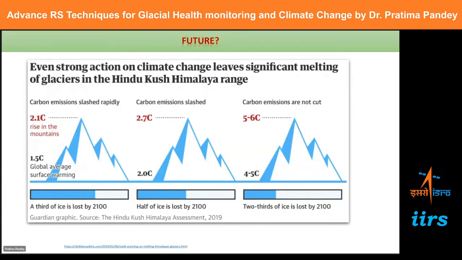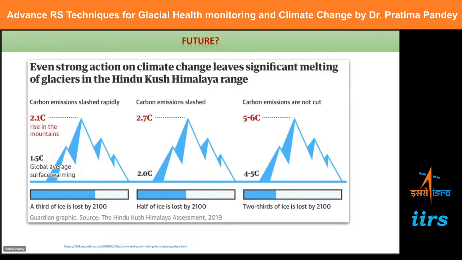The future projection also shows the same thing. As you know, many projections are there which show what will happen to temperature if the carbon emissions are cut down, and subsequently what will happen to our glacier ice.